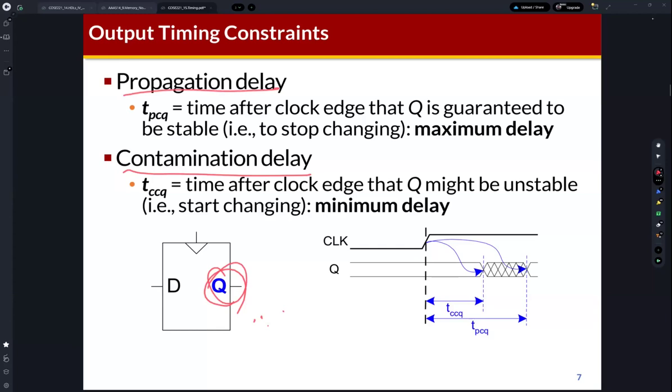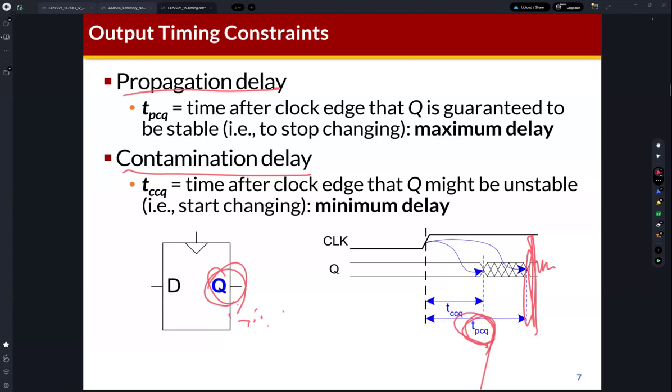As you can see, you can find the TPCQ, which means that the output is stabilized after this propagation delay of the output port Q. So we guarantee that the output of this D flip-flop is stabilized after TPCQ.